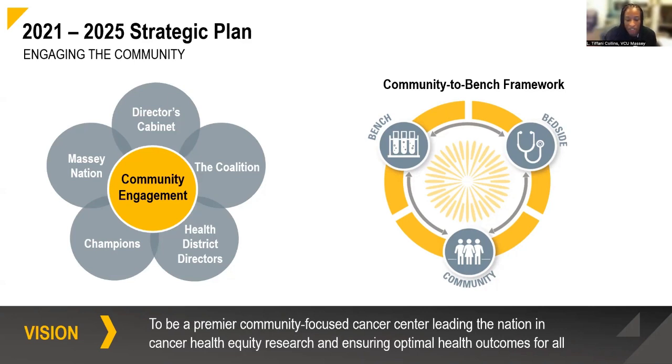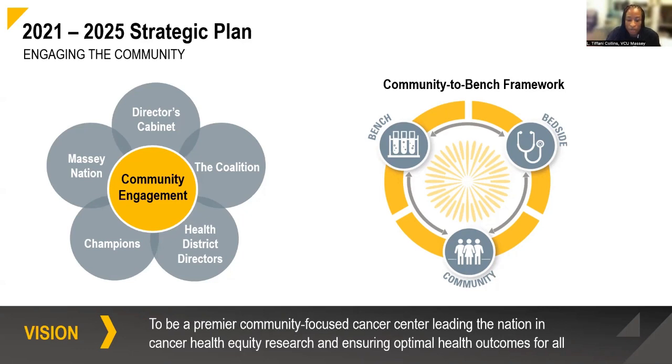We also have our Champions program, which is a part of our COE as well, and they are engaging our communities in research and having the conversations about expanding, reframing, and focusing projects on the catchment area relevant cancers, priorities, and disparities.